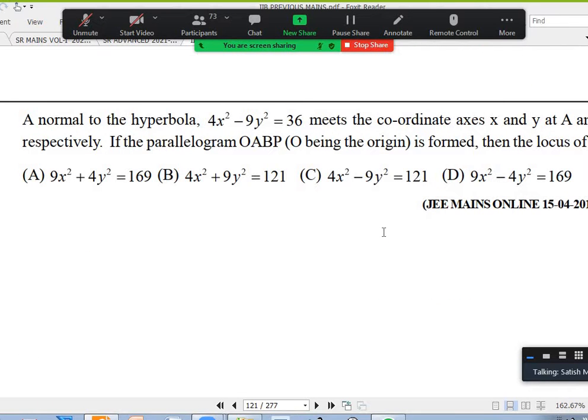A normal to the hyperbola meets the coordinate axes at A and B. The parallelogram. Okay, fine. OA, BP. I hope it is not OA, PB, but it's OA, BP.